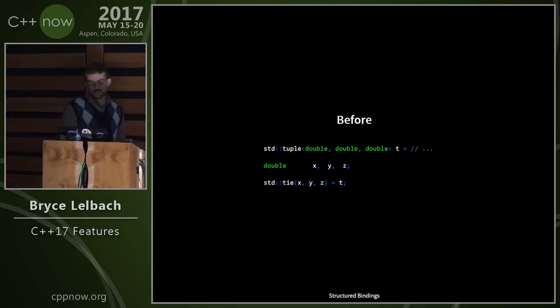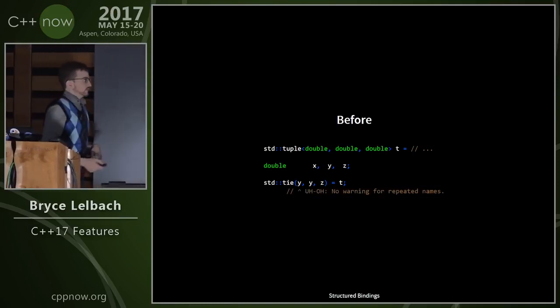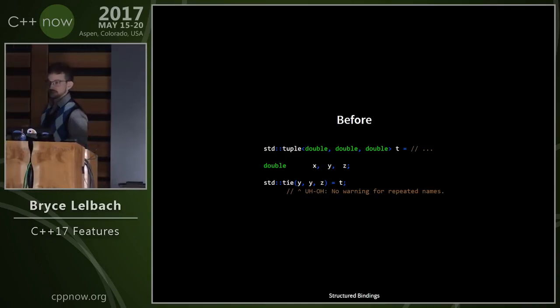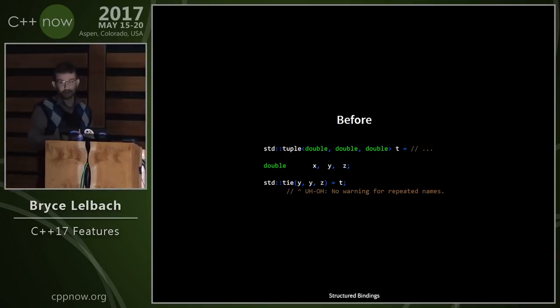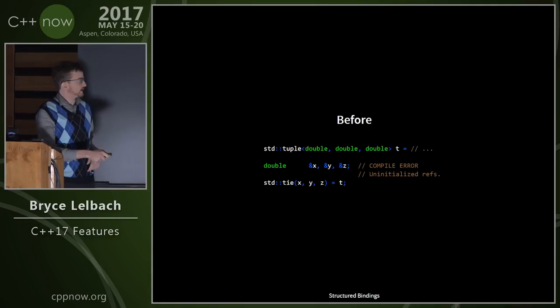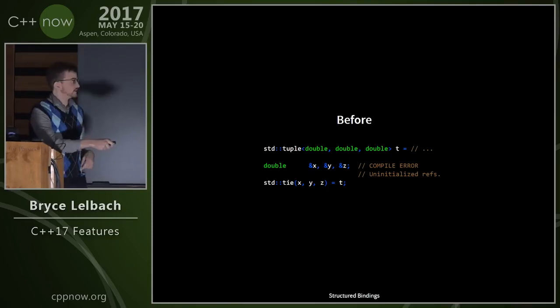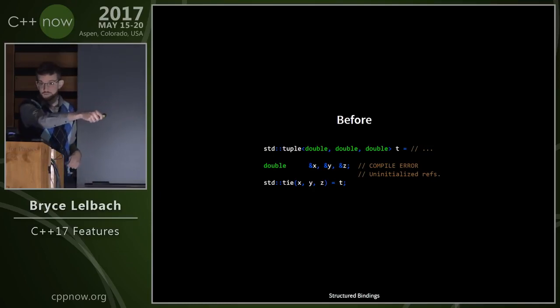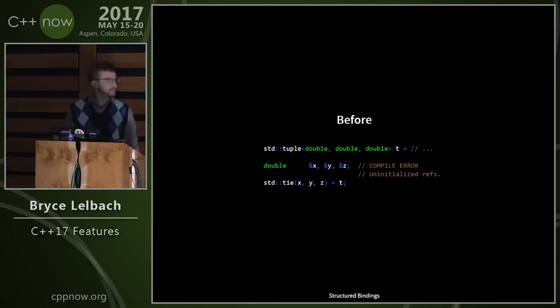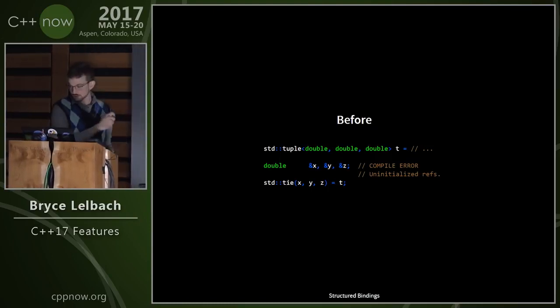Because the variable names need to be separately declared before they are bound. So like, oops, you could do something like this, and you won't really get a warning for this, even though you've written the name twice here. That's sort of annoying. There's other problems, like if you want to have it by reference here, that's not really doable because these names need to be introduced and default initialized before they are tied to.